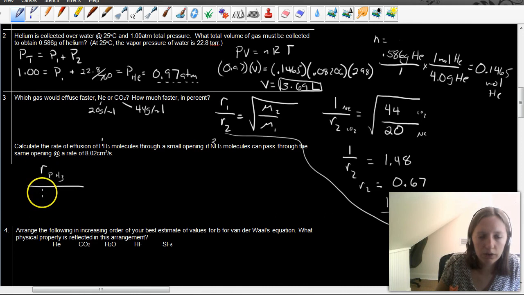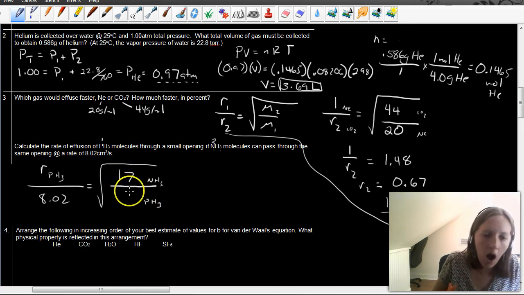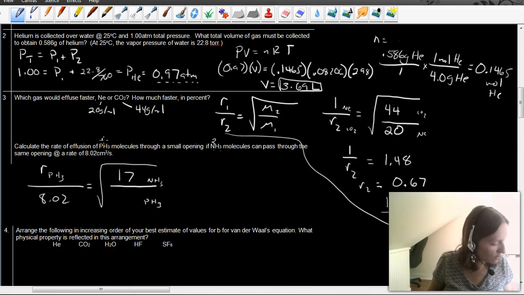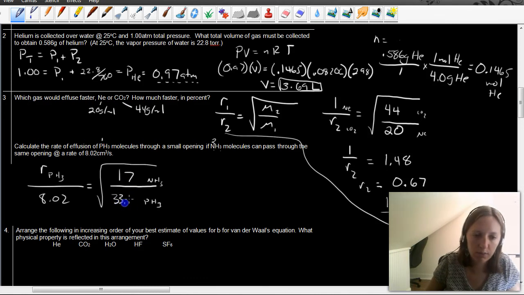The rate of ammonia is 8.02, and the molar mass of ammonia is 14 plus 3, so 17. And phosphorus, what is your mass? It's 30.97, so that's going to be 33.97.